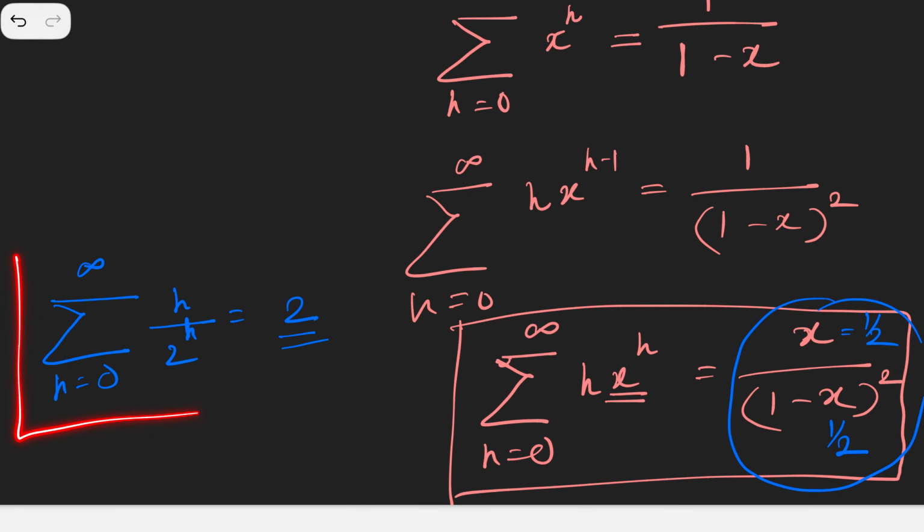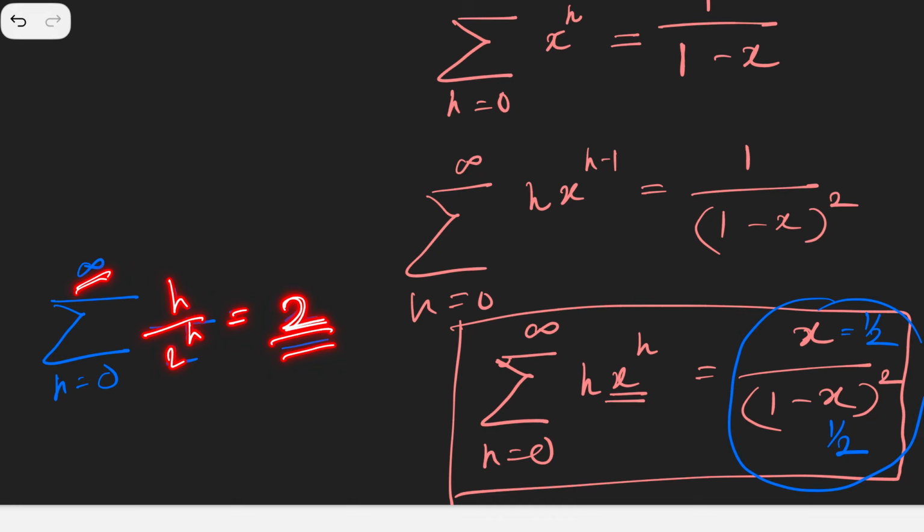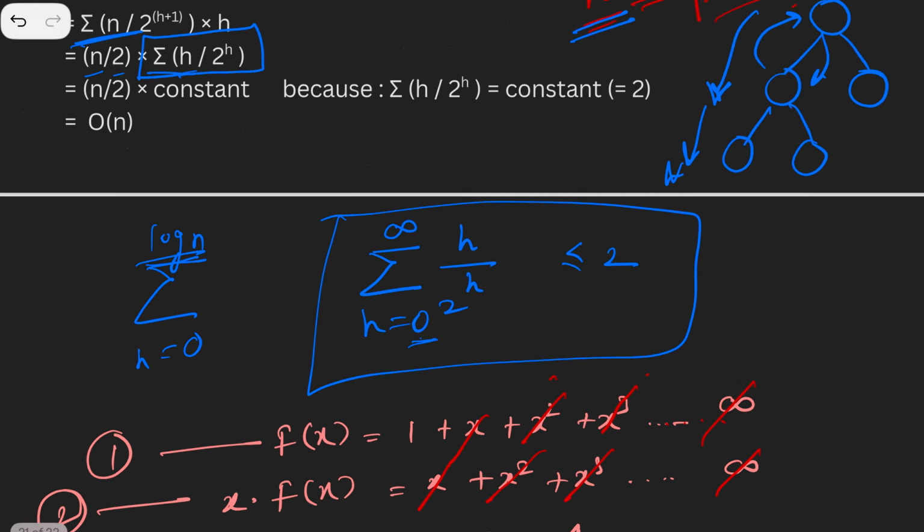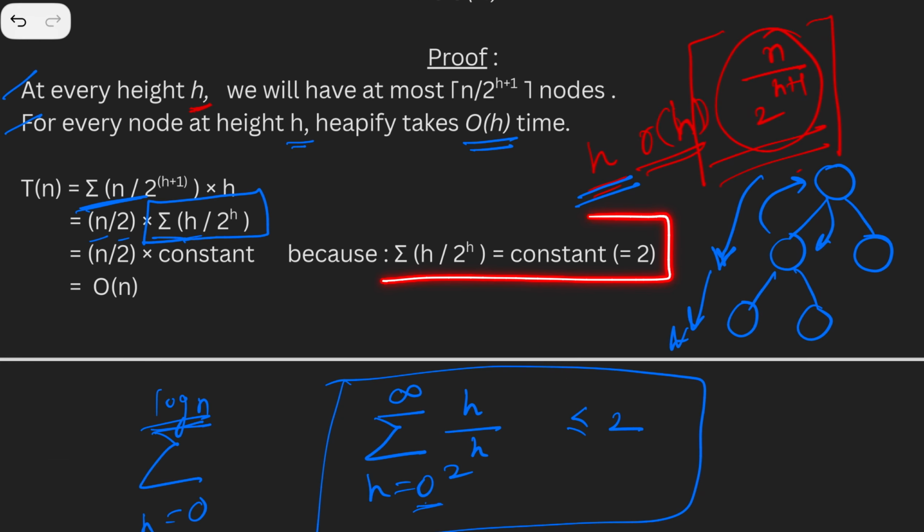And we managed to prove that summation of h starting from 0 to infinity h by 2 to the power h will have at max value 2. See, we have taken h till infinity, but we will only have h growing till log n. So definitely h by 2 to the power h will be less than or equal to 2. And this is what we used here.